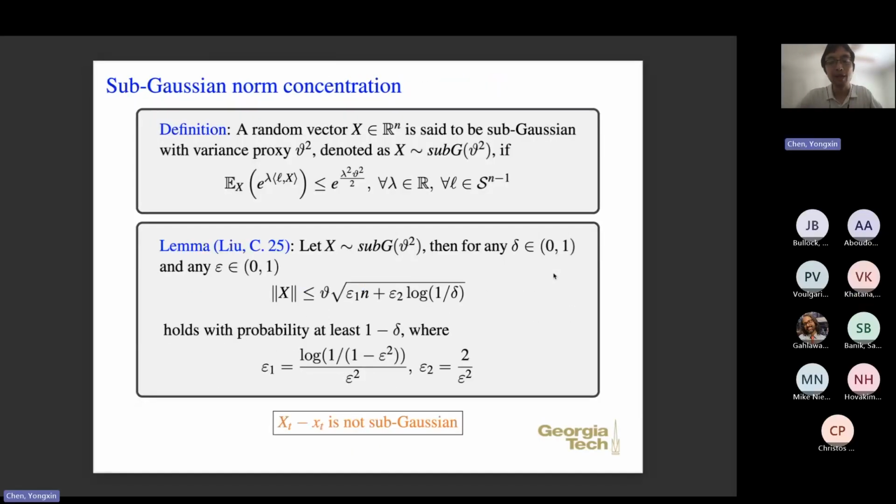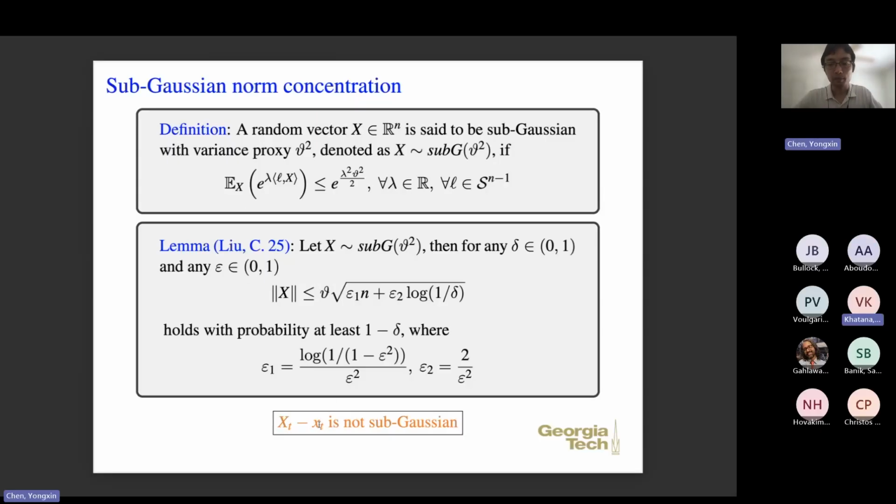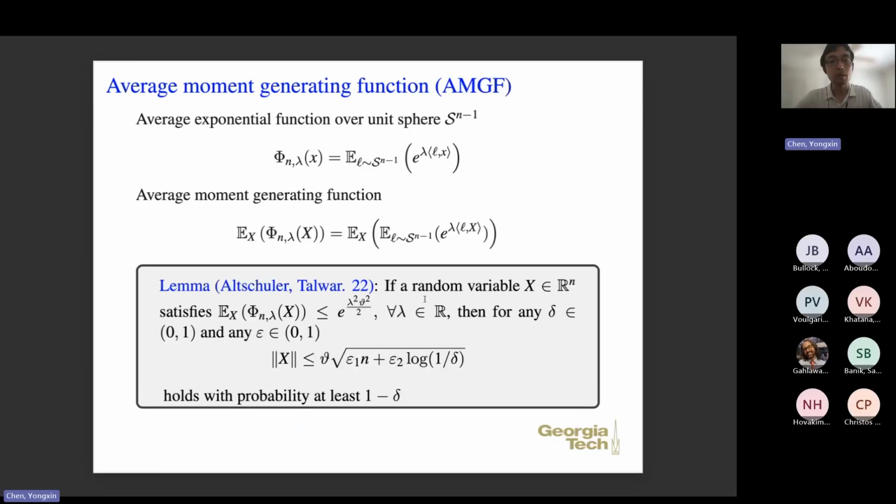Do you have any insights on how this works with the proofs? I wouldn't say you would know this beforehand. We didn't know this beforehand. A very natural first attempt is to show this is sub-Gaussian. We tried this, it doesn't work. I think we even have a counterexample showing that this is not sub-Gaussian. And this is just one technique we learned from a different community.